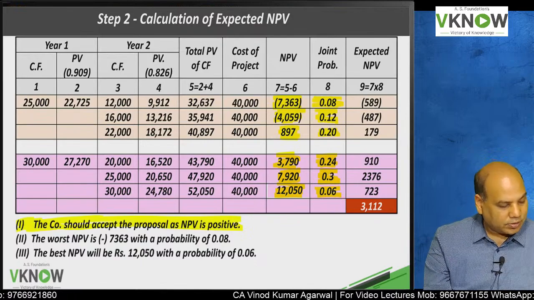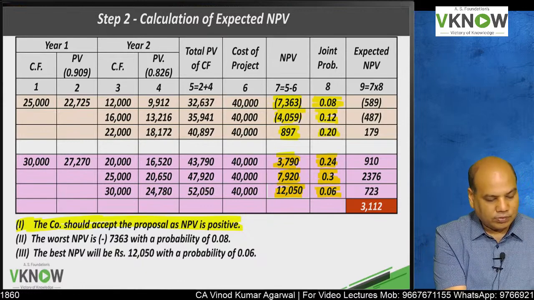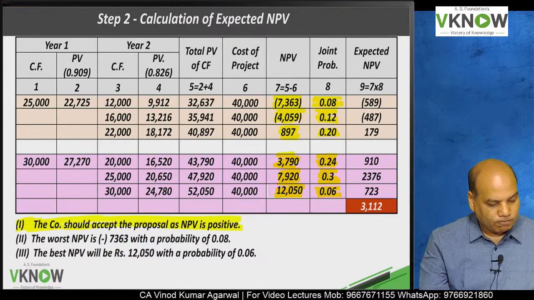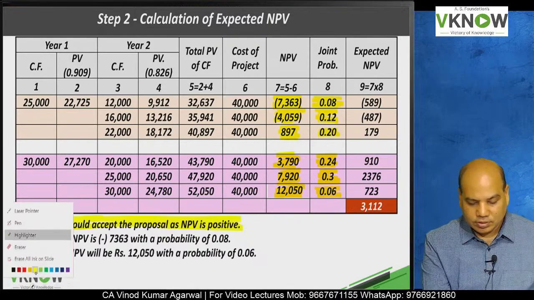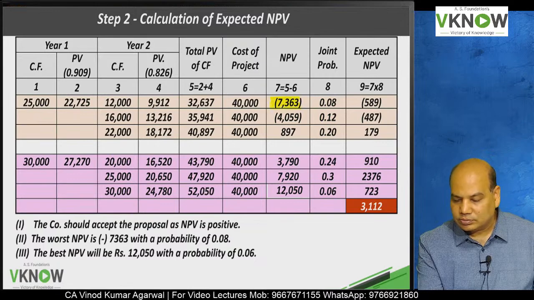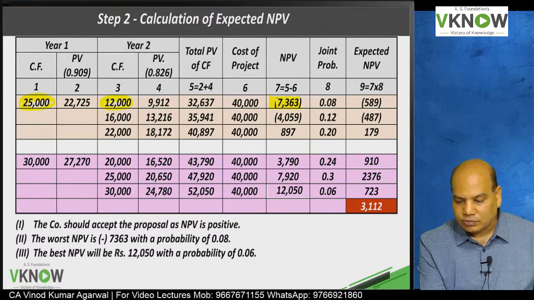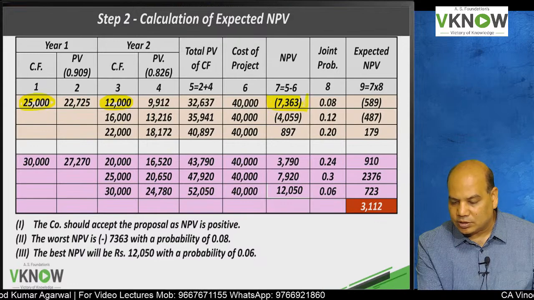Then there was a question. What will be the worst NPV? And what is the probability of that? Worst NPV would be this number. Suppose you get 25,000 in first year and 12,000 in the second year, you will end up getting an NPV of 7363.